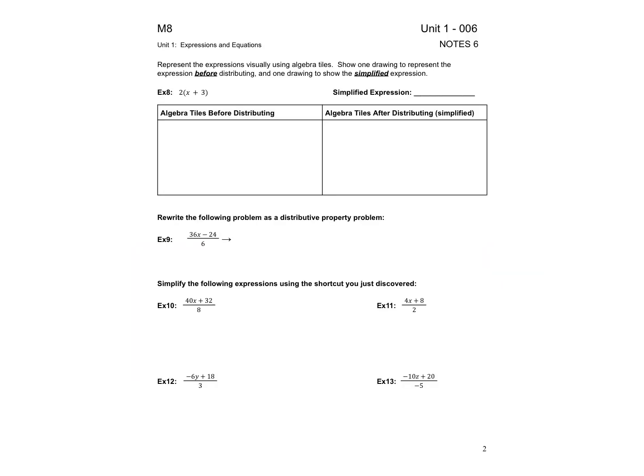All right, so let's draw it ourselves. Represent the expressions visually using algebra tiles. Show one drawing to represent the expression before distributing and one drawing for the simplified. Okay, so here we go.